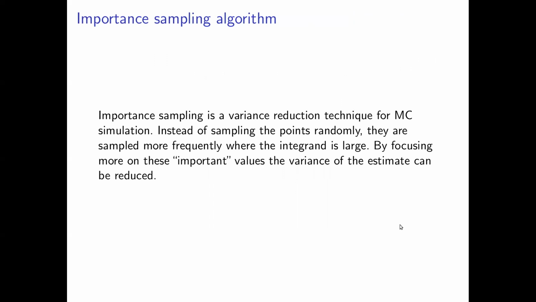There's a specific subpart of Monte Carlo simulation which is named importance sampling. Importance sampling basically focuses on the values where we have the highest chance of them being useful for calculating the integral.